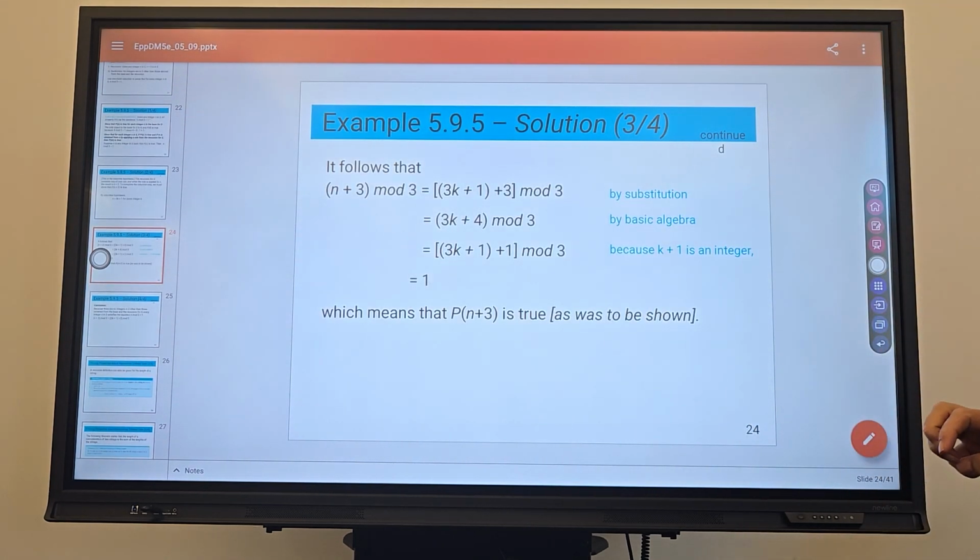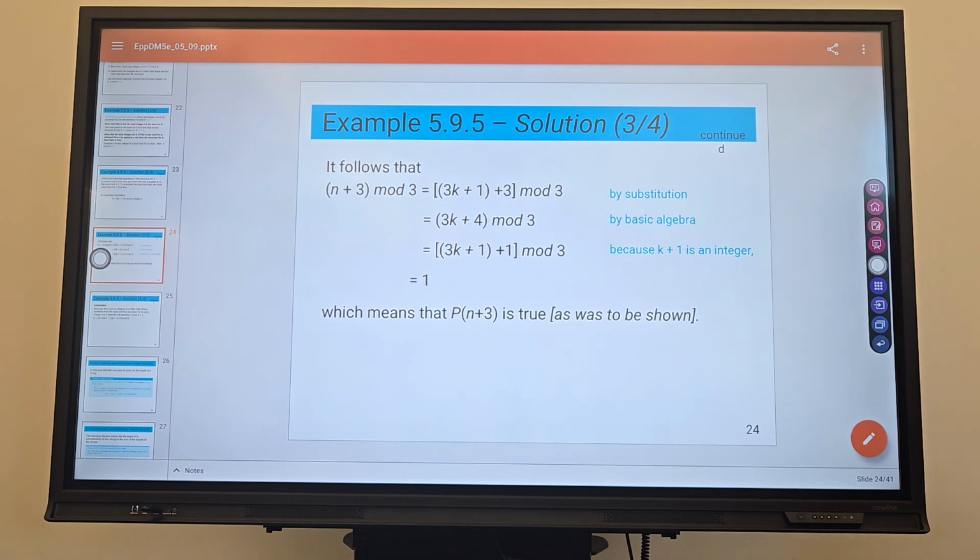It follows that n plus 3 mod 3 equals 3k plus 1 plus 3 mod 3 by substitution, which equals 3k plus 4 mod 3 by basic algebra.